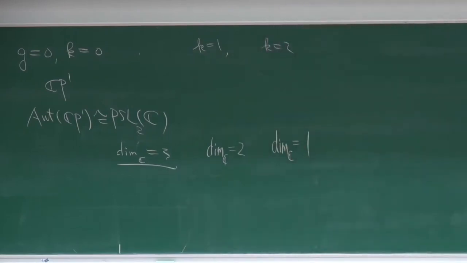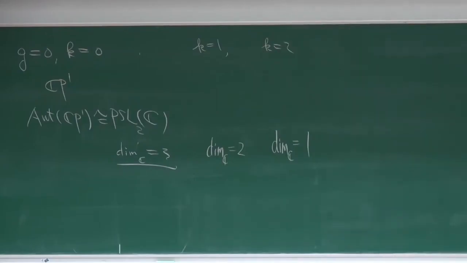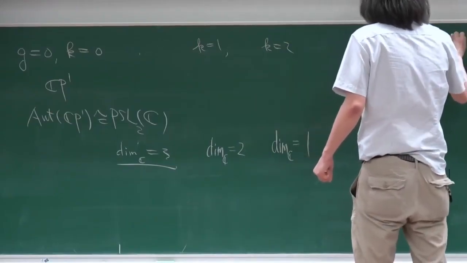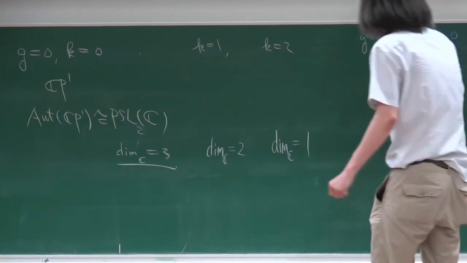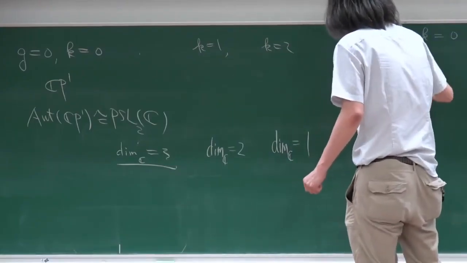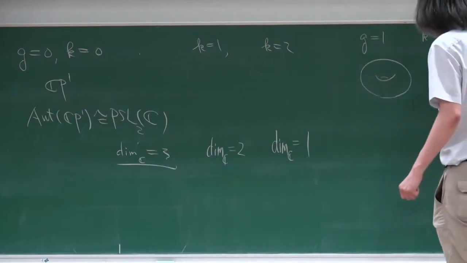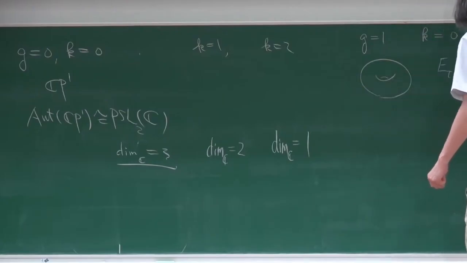Anyway, all of these have non-trivial automorphisms. And if g equals 1 and k equals 0, then in this case you have certainly an elliptic curve like this.